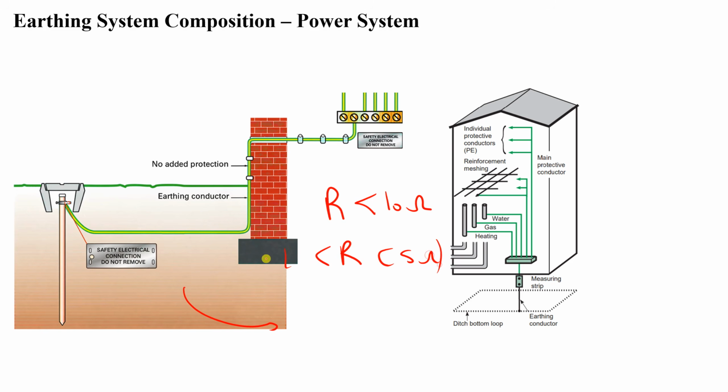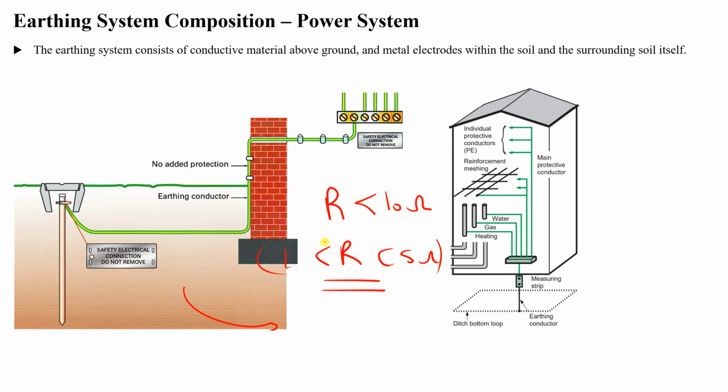I'm going to give you exactly the numbers in one of our lessons, the design values for different systems from the IEEE or IEC standards, so that you know exactly the right numbers. The earthing system consists of conductive material above ground, like the main protective conductor and main earthing terminal, and metal electrodes inside the soil, and the soil itself is also part of our earthing system.